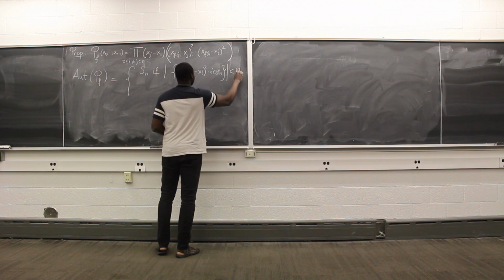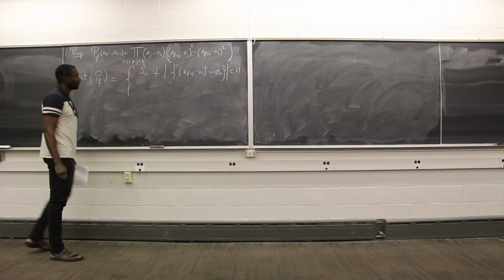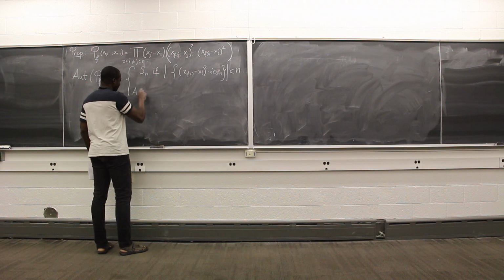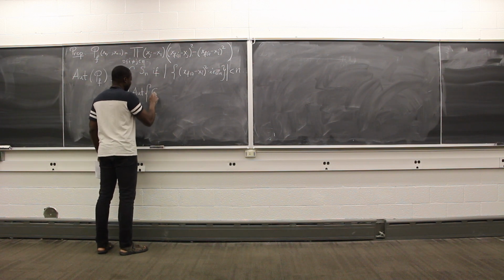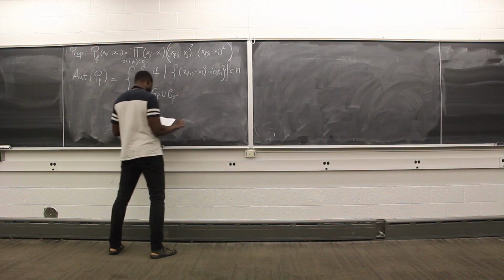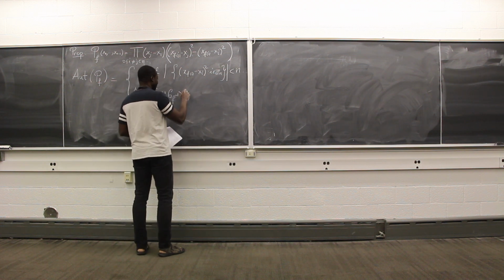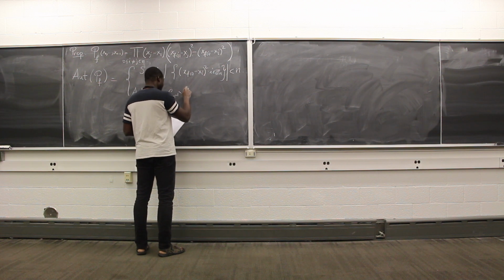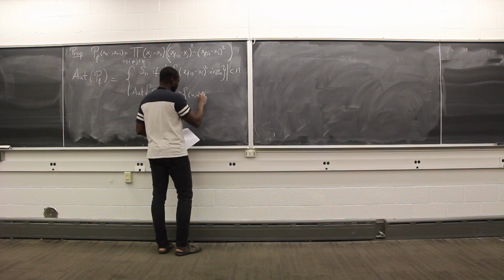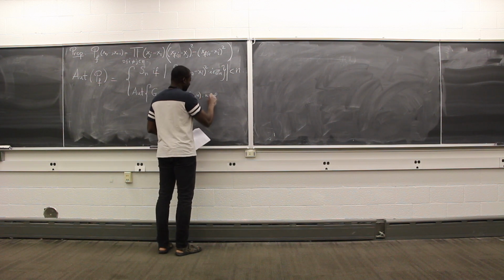If this is less than n, then it's the whole symmetric group. And otherwise it is Aut of G_f union G_f inverse minus the fixed points, minus the set of fixed points, U is equal to F. Right?